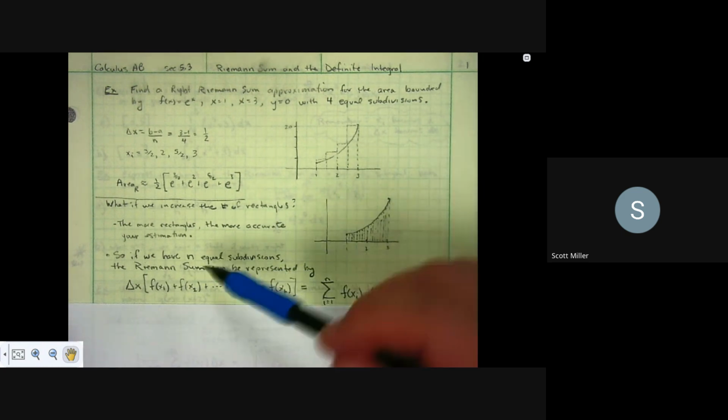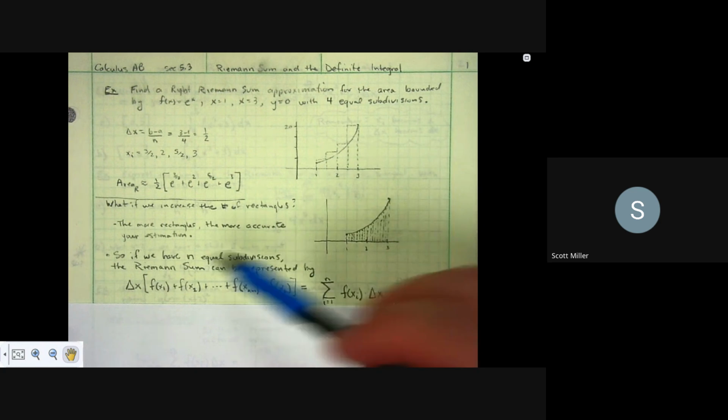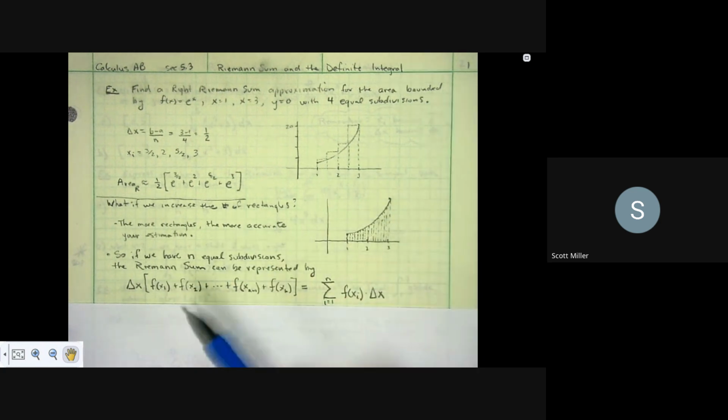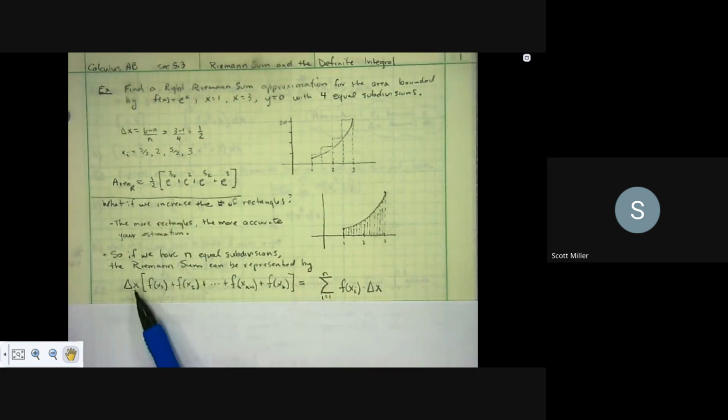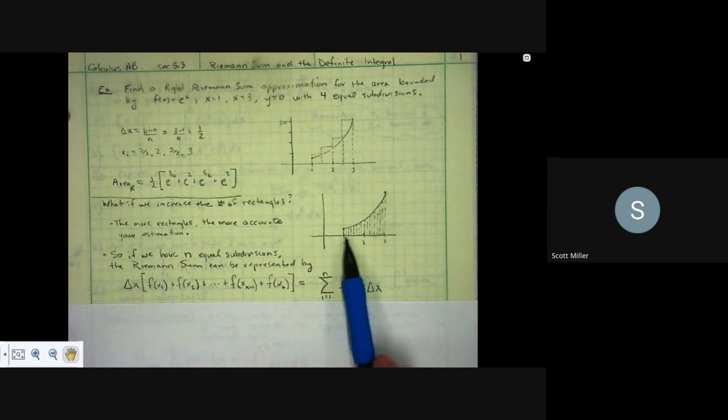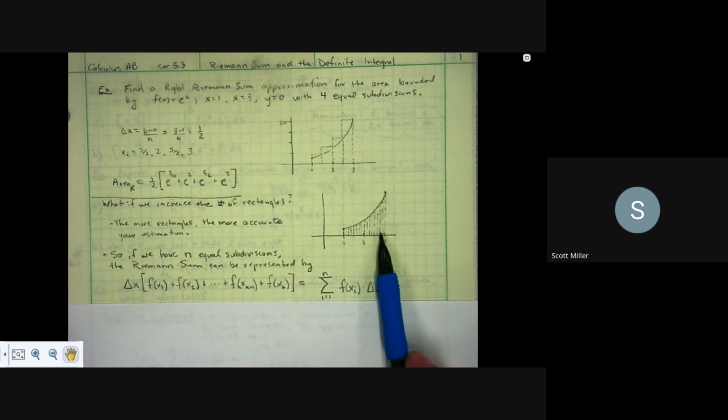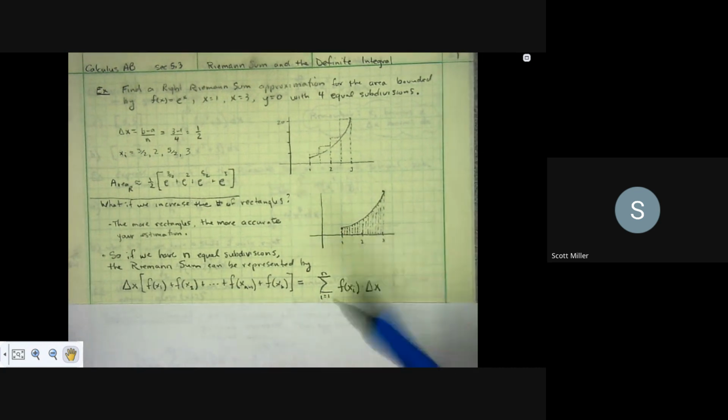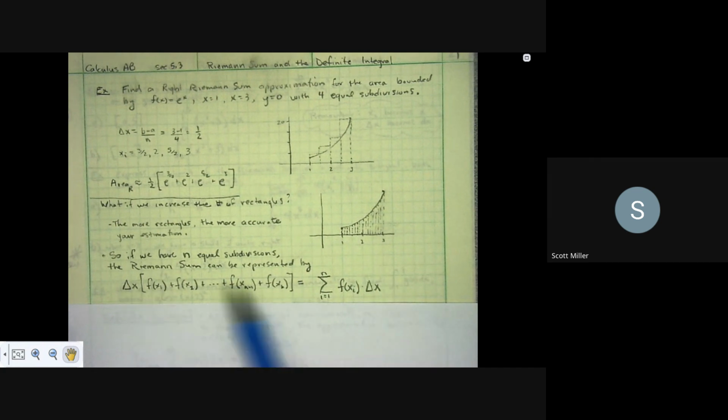When we have some n equal subdivisions, the Riemann sum can be represented by this expression right here. Very similar. The width of the rectangle, that's the delta x, and then the height at each one of those locations where we're taking our height value. Shortening this up into summation notation, we get this representation, so it makes it easier to write all that.